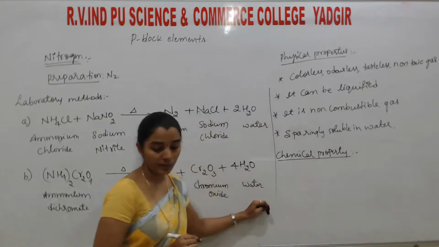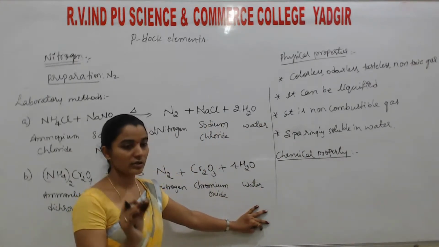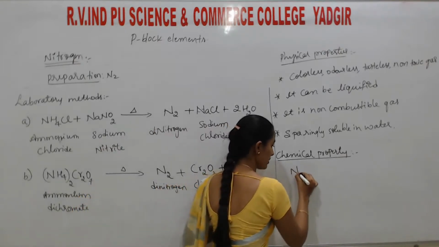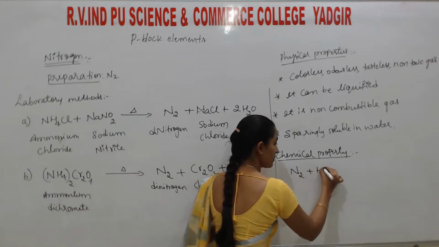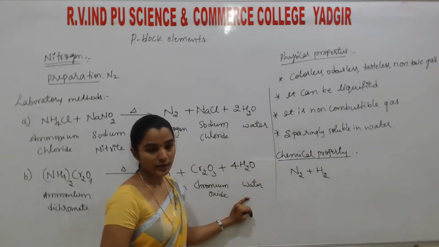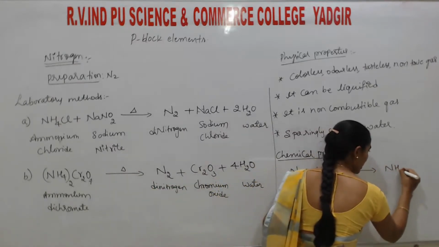In the chemical properties, we are going to study reaction with metals, reaction with oxygen, and reaction with hydrogen. If N2 reacts with hydrogen, of course it forms NH3.